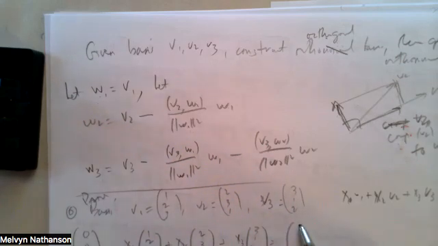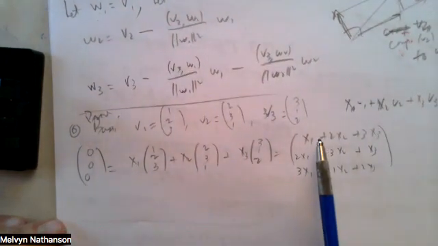If we add this up, we get the vector x1 plus 2x2 plus 3x3, 2x1 plus 3x2 plus 1x3, 3x1 plus 1x2 plus 2x3 equals 0. So we're solving 3 equations and 3 unknowns.